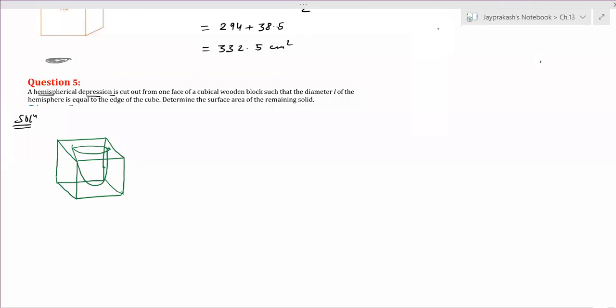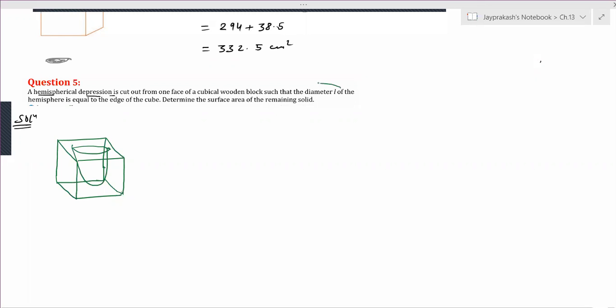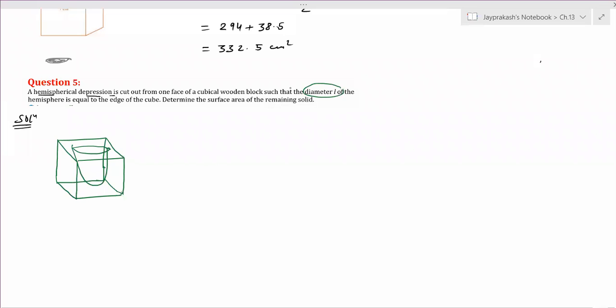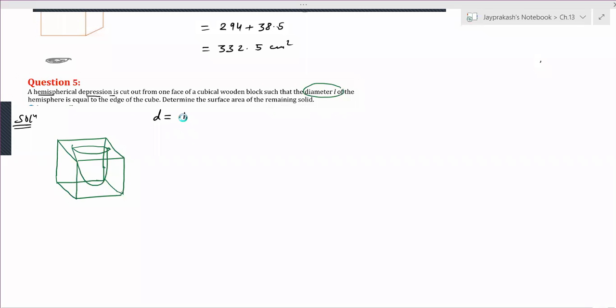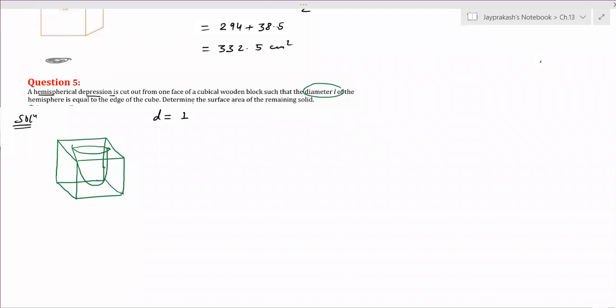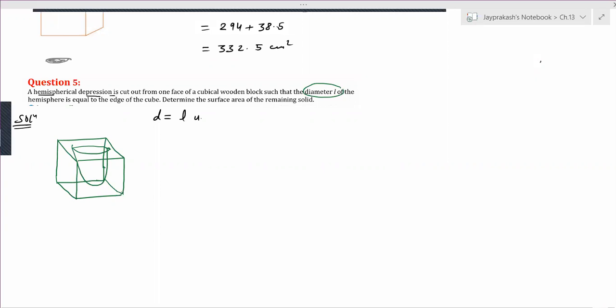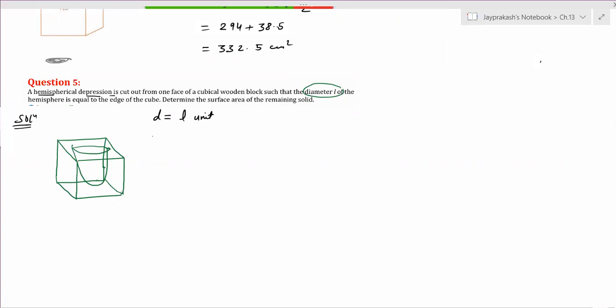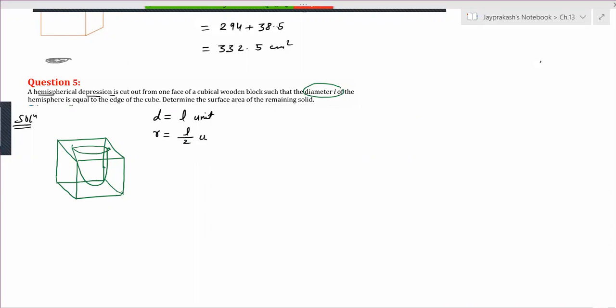In question number 4, the hemisphere is on the outside. Now in the fifth one, the depression is inside. And it is also given that diameter is L. So we will consider here D is equal to L unit. We are writing unit because the unit is not given. So radius will be L by 2 unit.